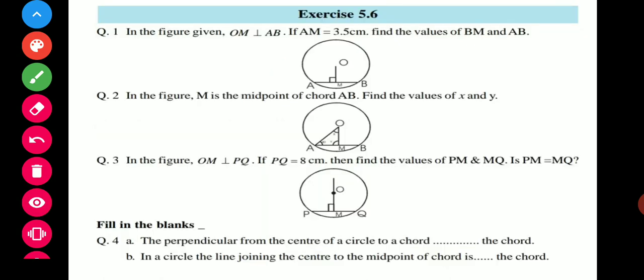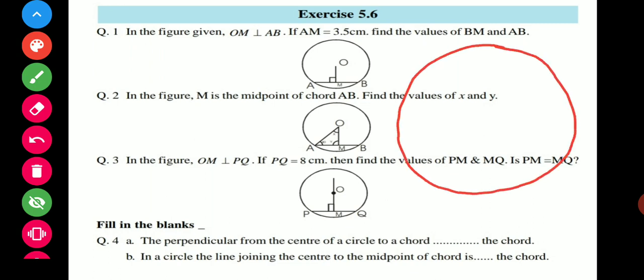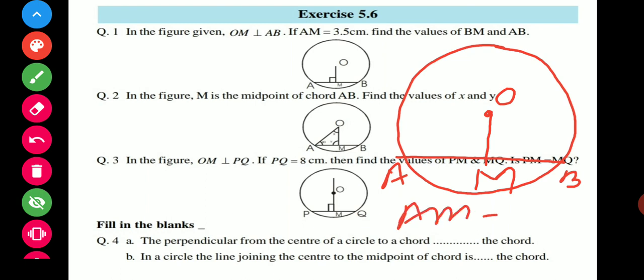Now come to the 5.6 exercise. What happened in this exercise? First of all, you can see here a property of this circle. It is a chord and it is a center, and it is your perpendicular on the chord AB, and here is O and here is M. Always remember AM is equal to BM, and it is your perpendicular.